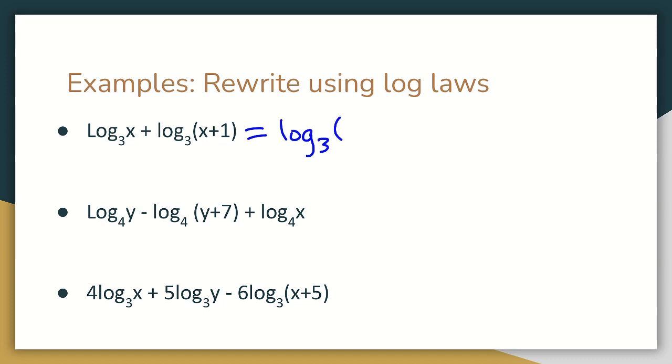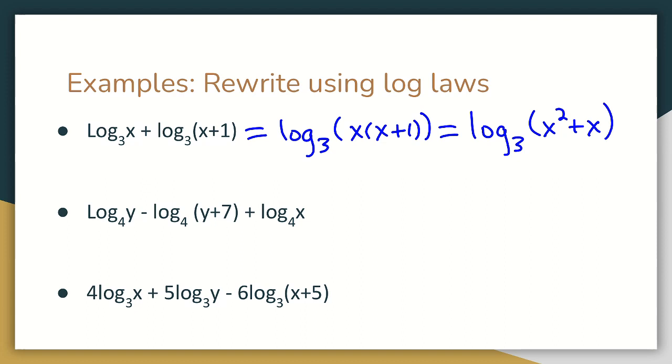Then we take our two arguments, the x and the x plus 1, and we multiply them. So x times the quantity x plus 1. Then I can rewrite that by distributing the x: log base 3 of x squared plus x.